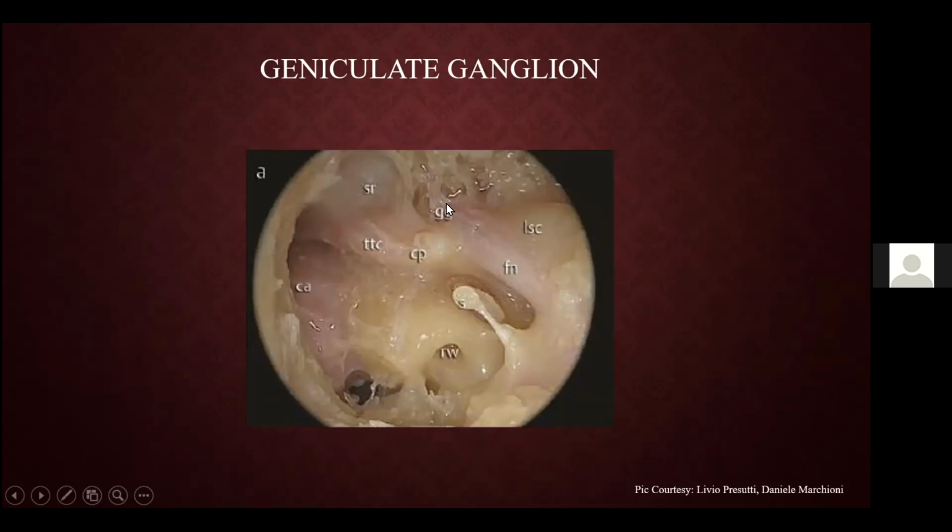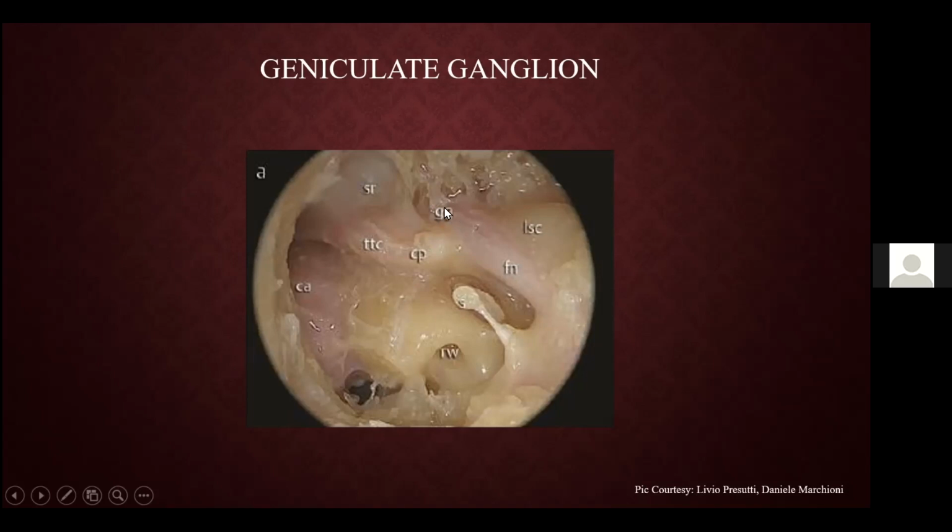The landmark used for it is the cochleariform process, as it is seen just superior and anterior to the cochleariform process. This process is considered a significantly resistant structure for most middle ear pathologies. So once we access the cochleariform process, we can see the geniculate ganglion and clear whatever pathology we are dealing with.